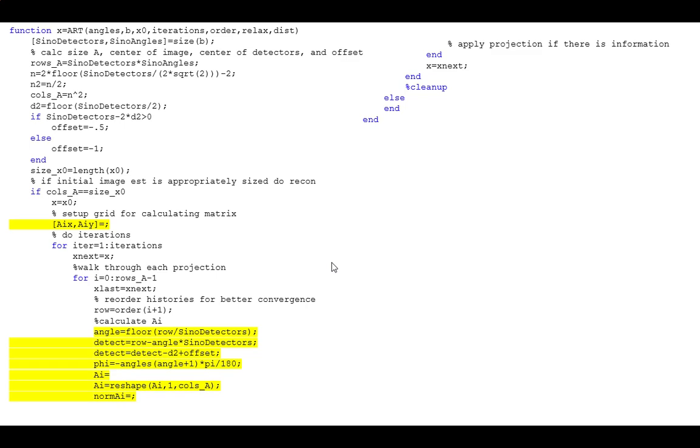Now, remember, this angle is not an angle yet. It's an index. So we have that thing that was given to us, the angles. They tell us, you know, 0. The first one was at 0. The next one was 1, 2. Or it could have been 0 and 4 if you were doing 4 degrees at a time. Be 0, 4, 8, whatever.